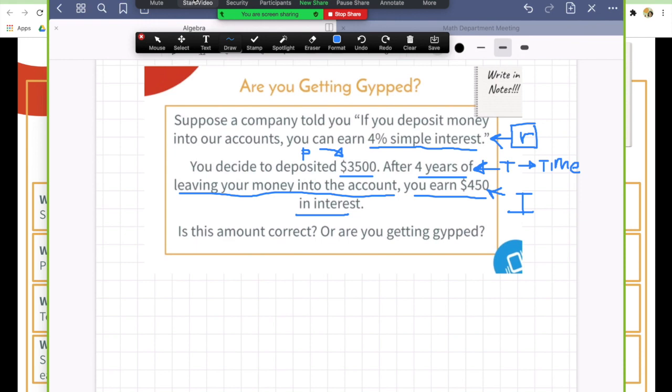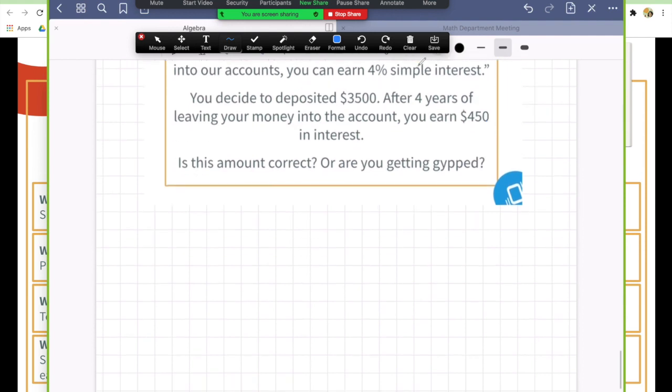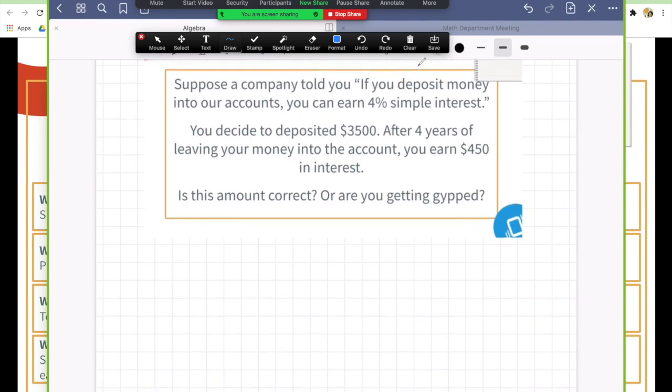So let's try it out. Let me clear this and write it down here. Over here we know that our R was 4%.